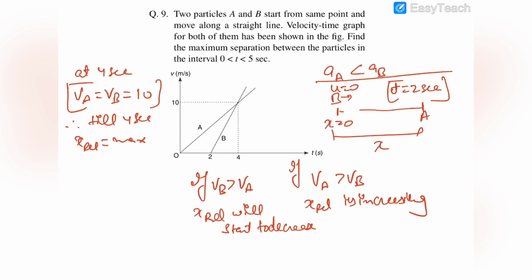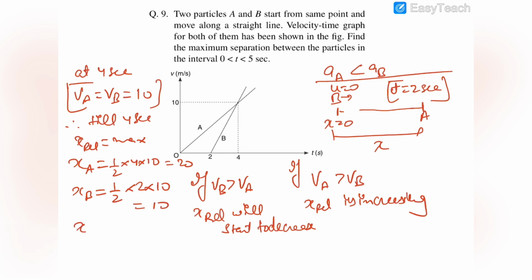And obviously their relative separation would be xA minus xB. The area of the A graph is xA, which is half base into height. Base is 4, height is 10. So half into 4 into 10 is 20, and xB till this time is half into 2 into 10, which is 10.